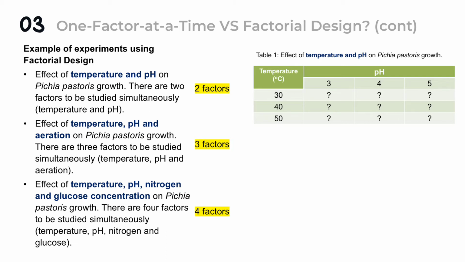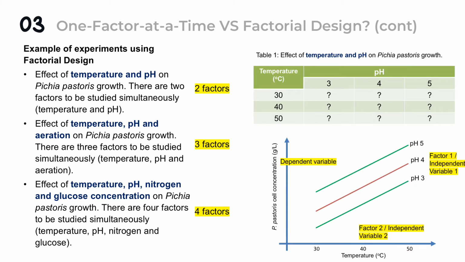So altogether, the number of experiments or treatments to be conducted will be 3 times 3, that is 9. So at the end, we expect to get 9 responses for all of these experiments conducted at different pH and temperature values.